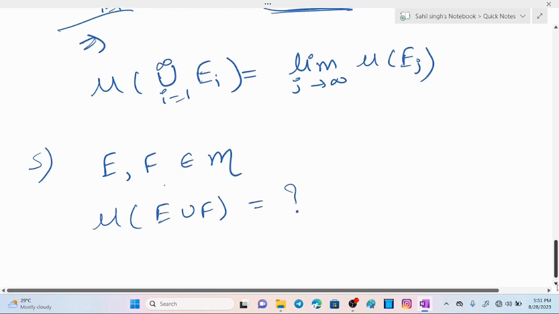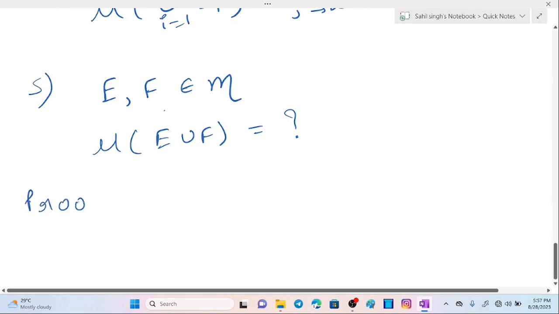Okay, so its proof is, we have a tool that we can play with, the disjoint sets, right? So we will make some disjoint sets here.